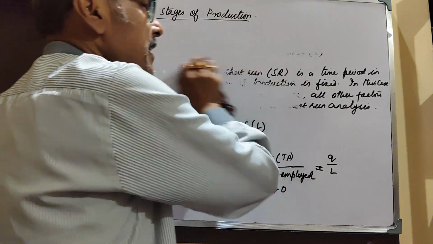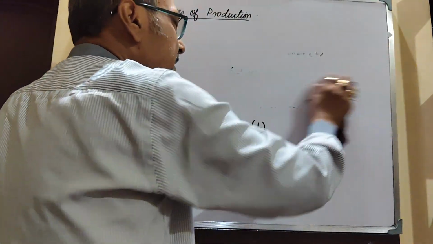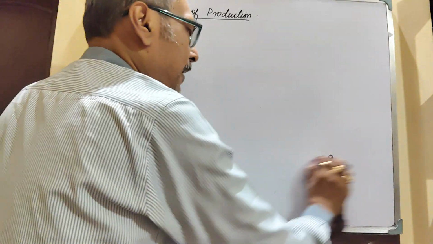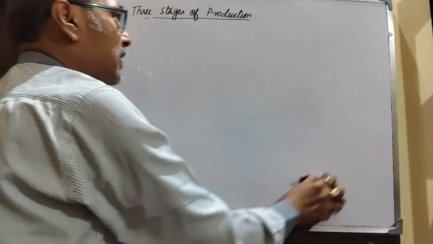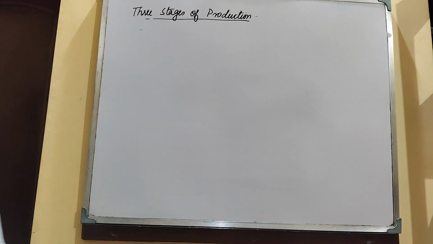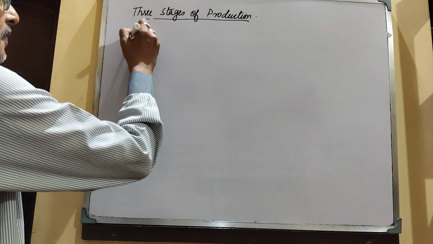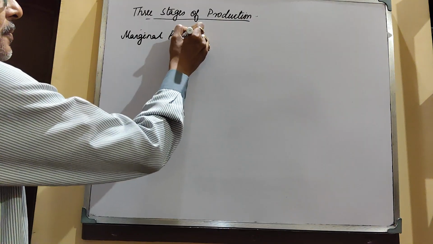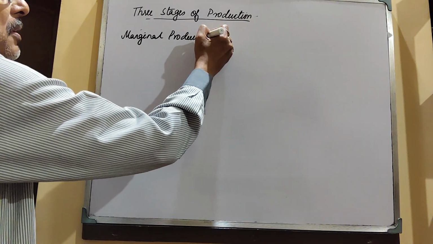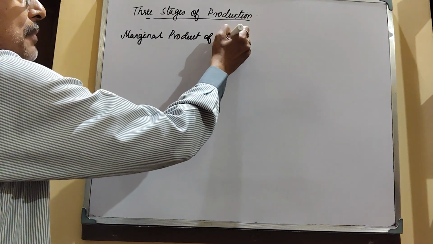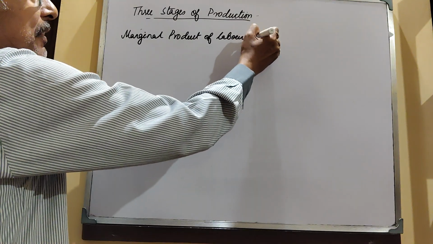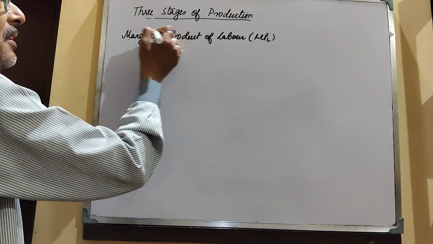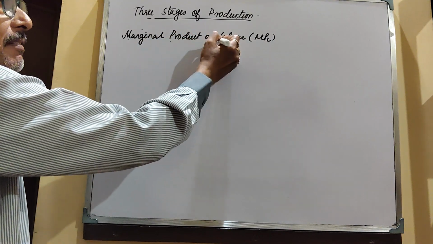Marginal product of labor is defined as change in total product. I am considering labor is the only variable factor. In short form, it is written as MPL: M marginal, P product, and L labor.